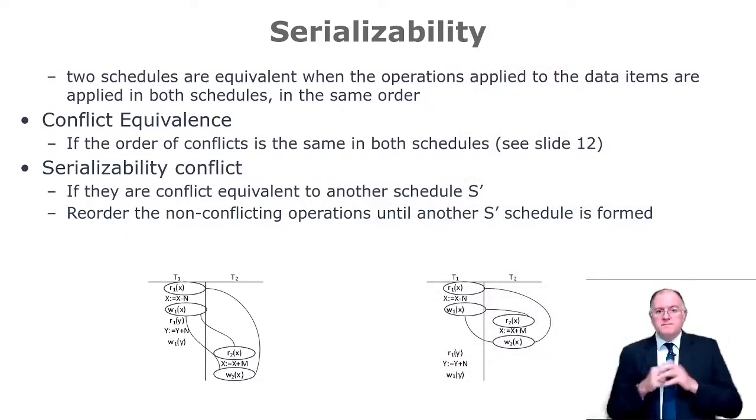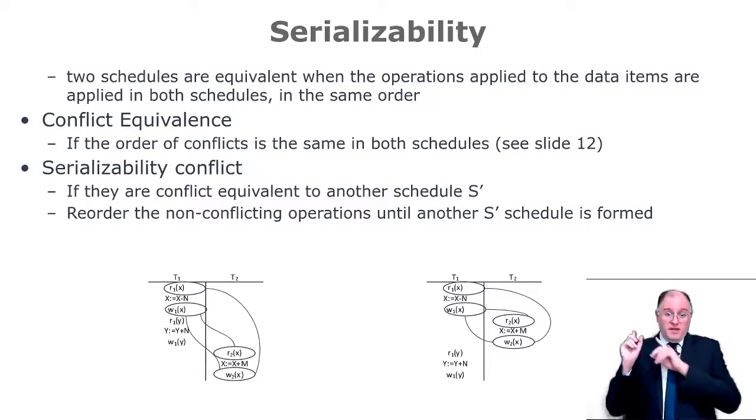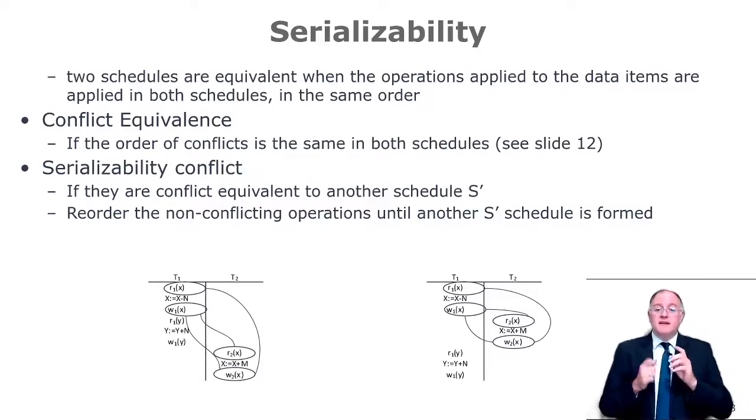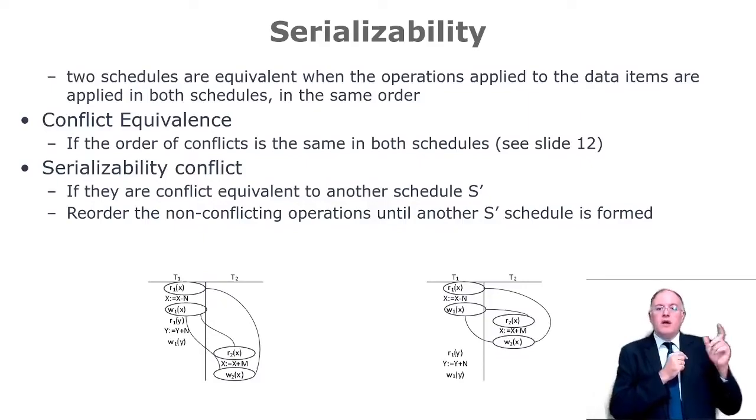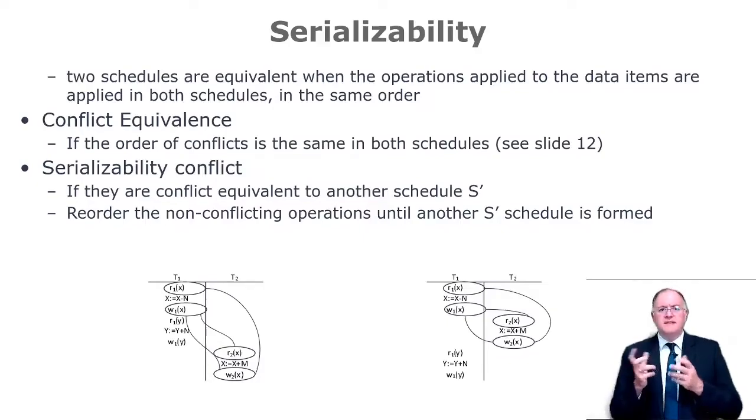Not always, but pay attention to that. In the diagram here, we can see on the left a serial schedule with its conflicting operations, and on the right an interleaved schedule with the same conflicts in the same order, which we call conflict equivalent to a serial plan.